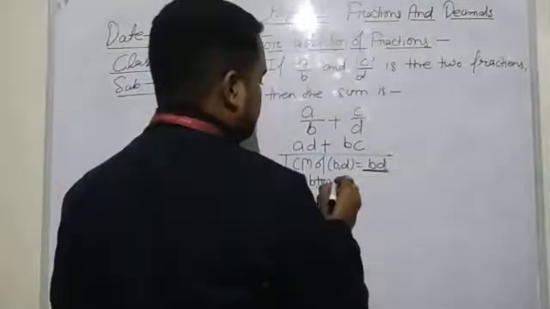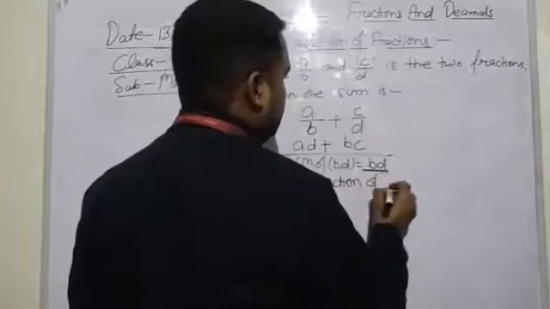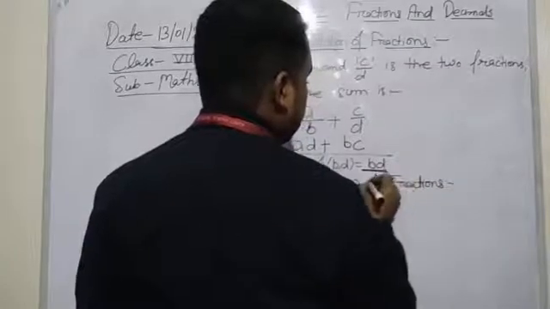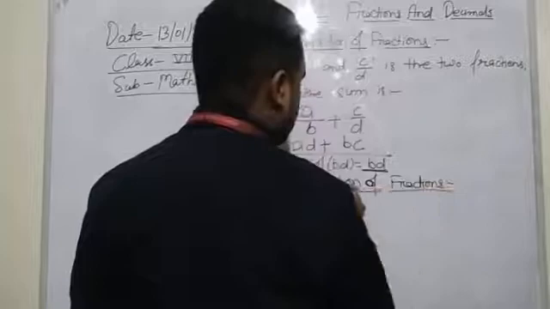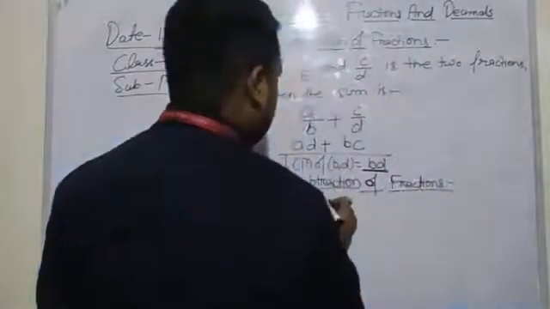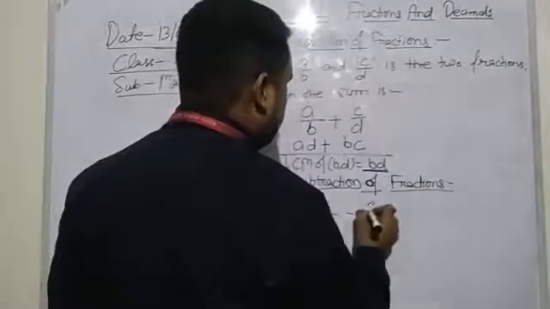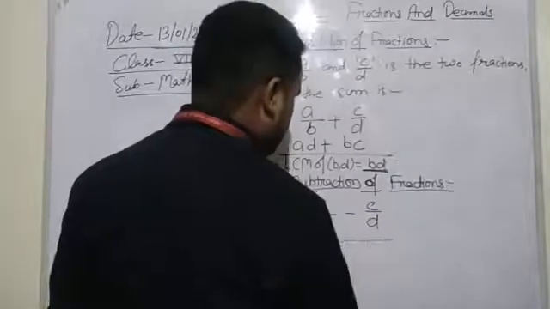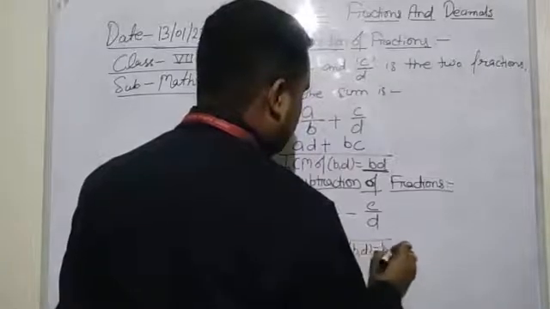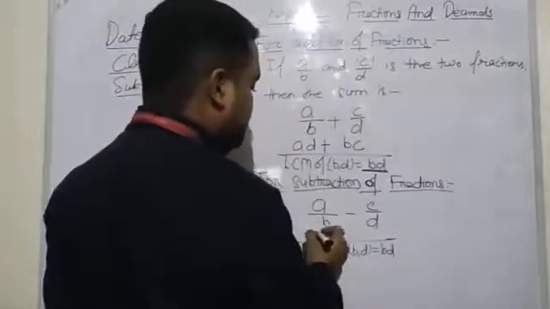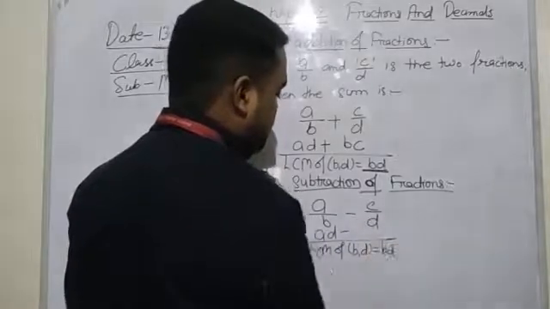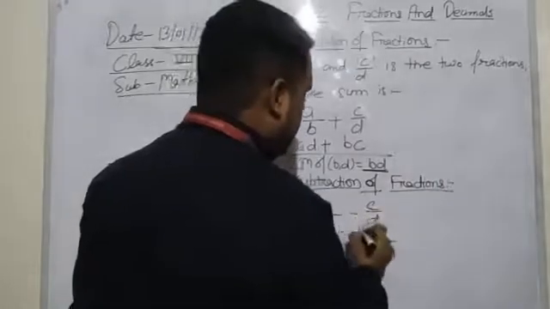for subtraction of fractions, we write A by B minus C by D. We do the same thing, that is find the LCM of B and D, that is BD, and divide BD by B. Then we have A into D minus, then we have the quotient as B, and B multiplied with C, that is BC.